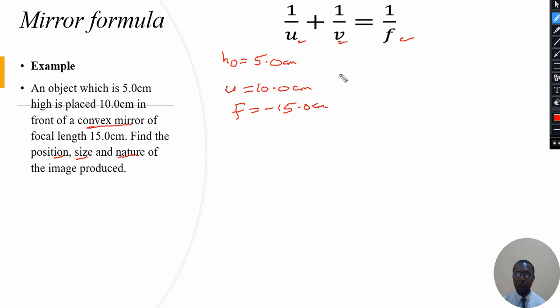Applying this formula, we can say that 1 over u, which is 1 over 10, plus 1 over v, which is not known, that's what we are looking for, equals 1 over f, and our f is minus 15. Now if we make 1 over v the subject of the formula, 1 over v equals minus 1 over 15 minus 1 over 10.